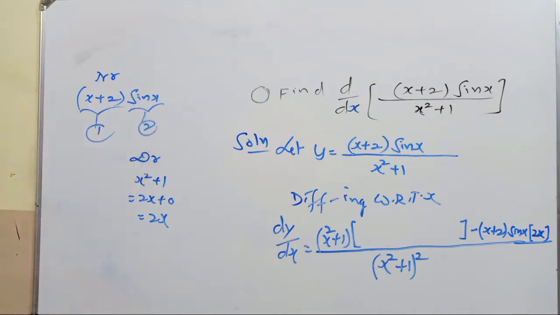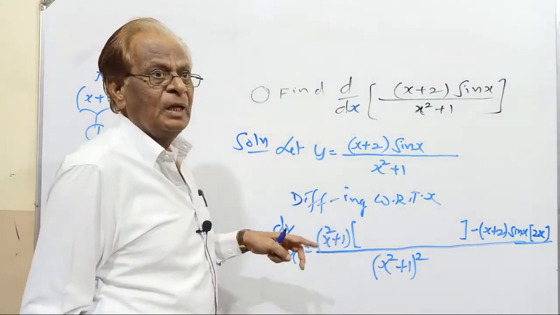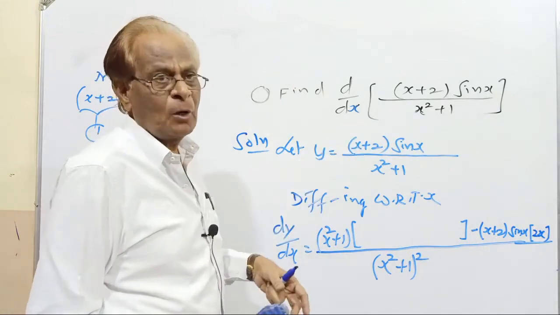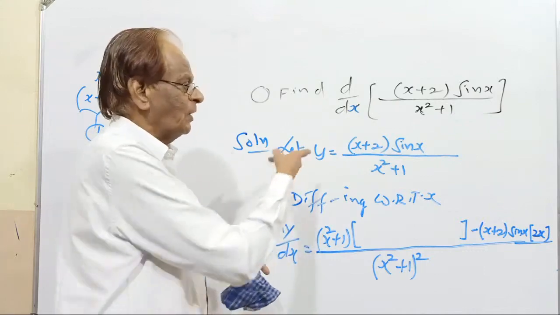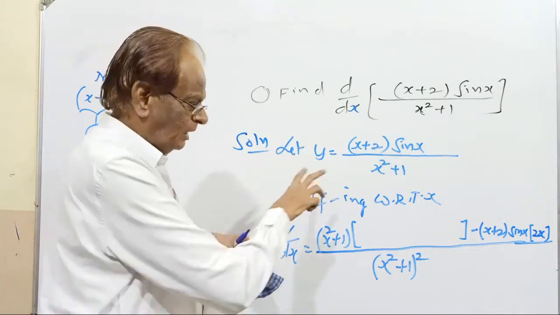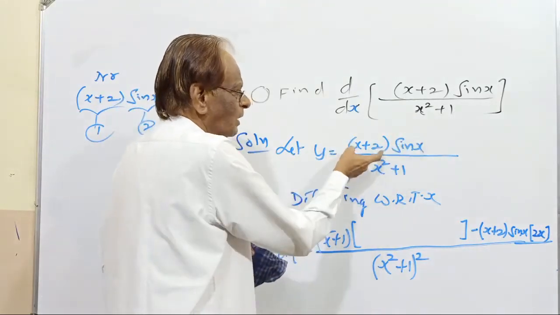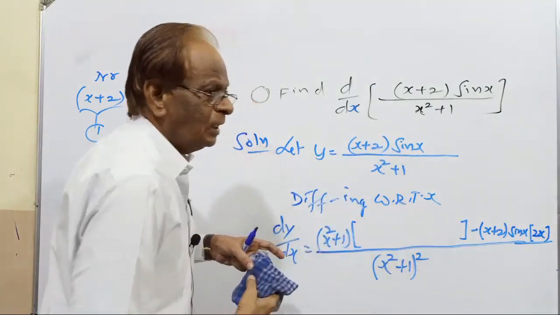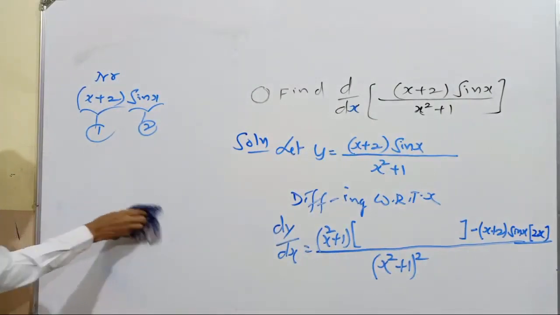To differentiate the numerator we use the product rule. The main differentiation is by the quotient rule, but while differentiating the numerator we have to use the product rule. The quotient rule and the product rule are used together in this problem.